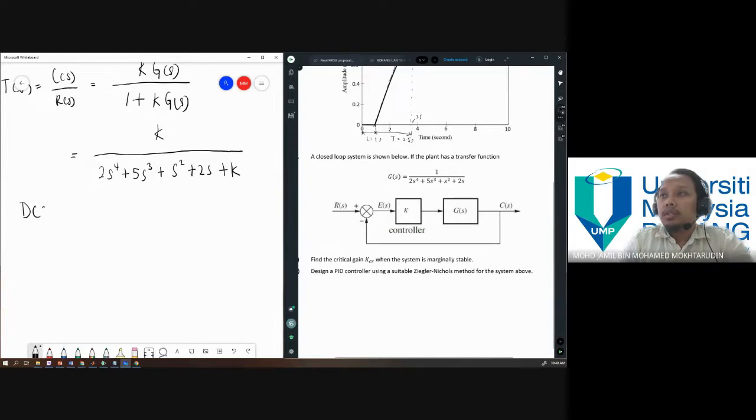So the denominator is 2s^4 plus 5s^3 plus s^2 plus 2s plus K.